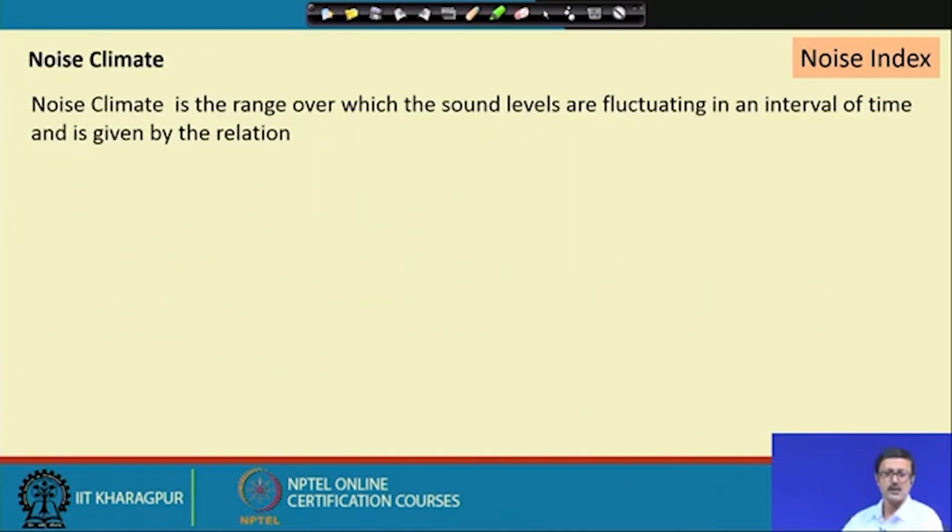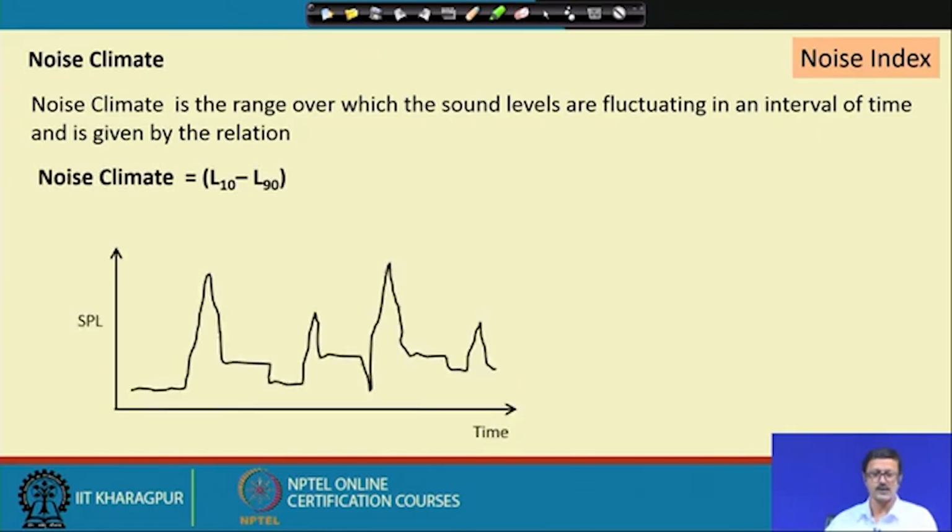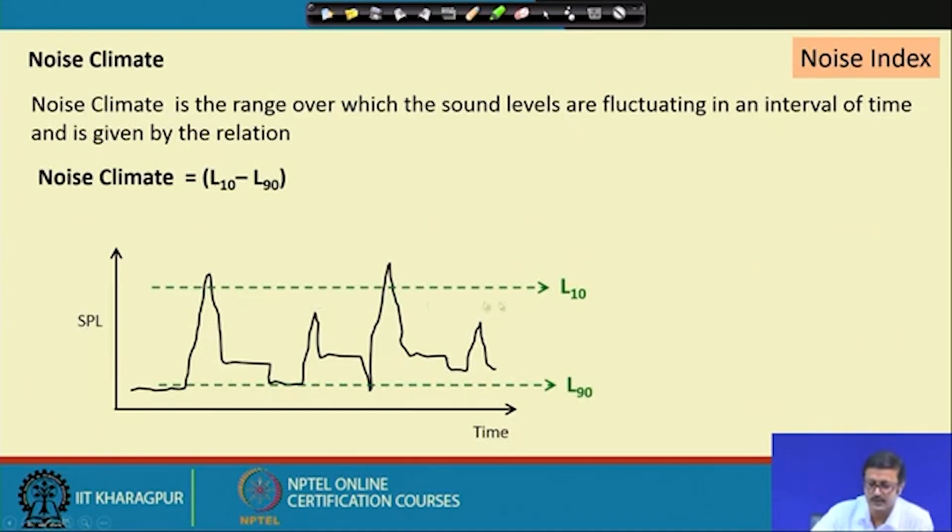Very similarly, there is also an index called the noise climate. The relation is the difference between L10 and L90. If there is a timeline of SPL given for a particular noise source, or maybe a mixed noise source, you have to find out the L10 and the L90, and the difference between them, L10 minus L90, is the noise climate.